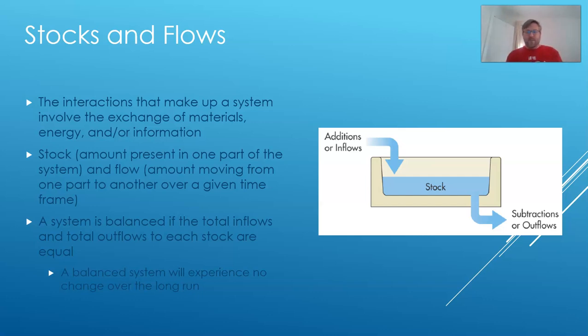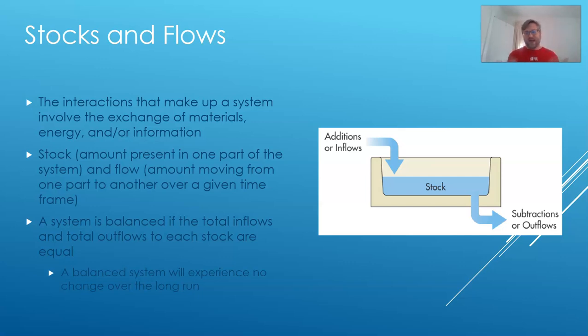So if we think about our bathtub, that would mean that the amount of water coming out of the faucet over a certain length of time, right, the amount of gallons per minute that are coming out of the faucet are equal to the gallons per minute that are draining out through the drain. So you're adding the same amount of water to the tub over a given period of time as you are taking out of it. And so this is a case where you have just one inflow, one outflow.